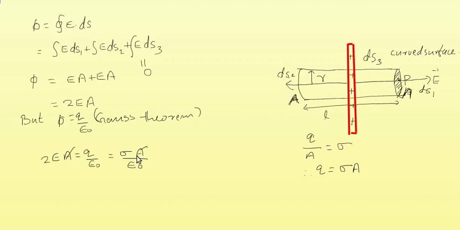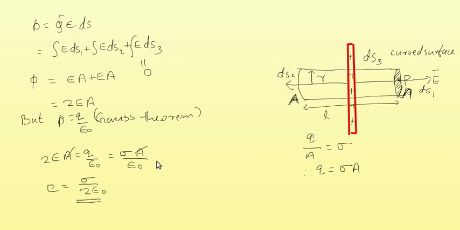Therefore these two A's will be cancelled, and therefore E is equal to sigma by 2 epsilon 0. So E is equal to sigma by 2 epsilon 0 is the electric field due to this plane sheet of charge.